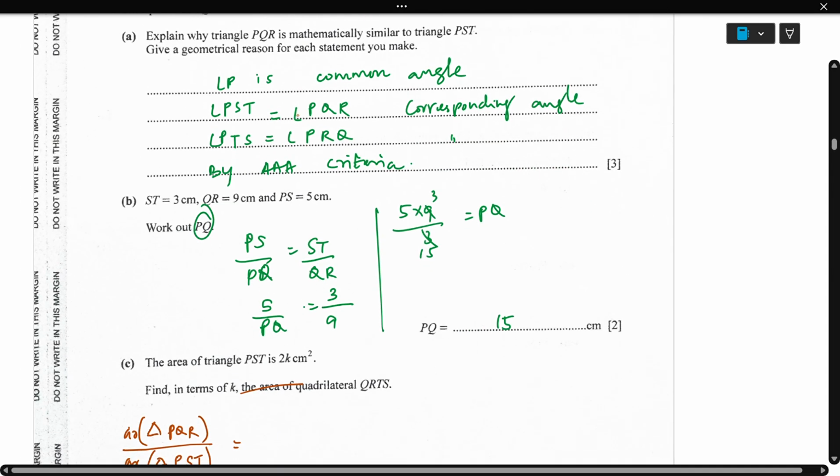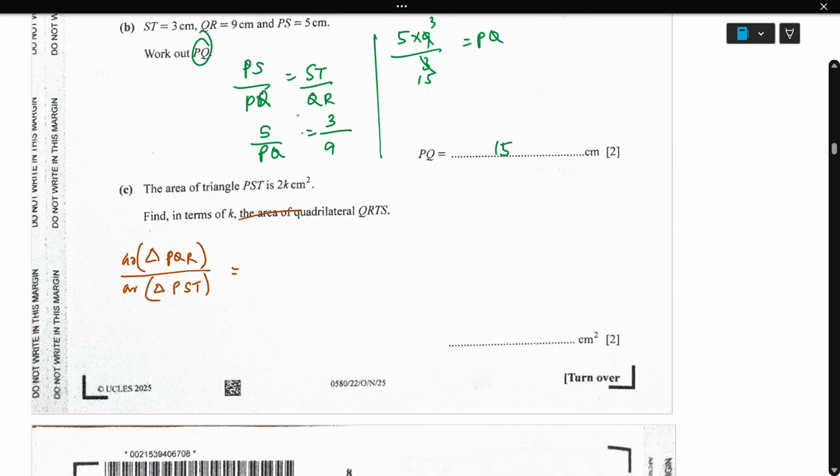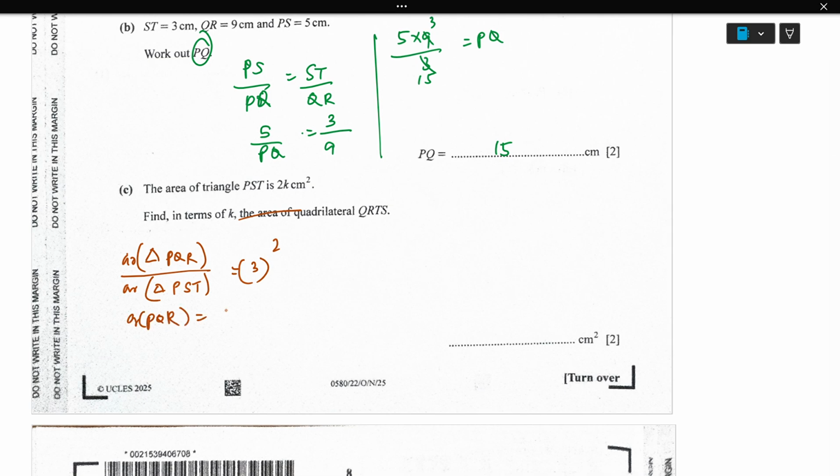So the scale factor is 3, so the area factor is squared, so 3 squared, which is 9. Area of PQR equals 9 times area of PST, which is given as 2k. So area of PQR equals 9 times 2k, which is 18k.